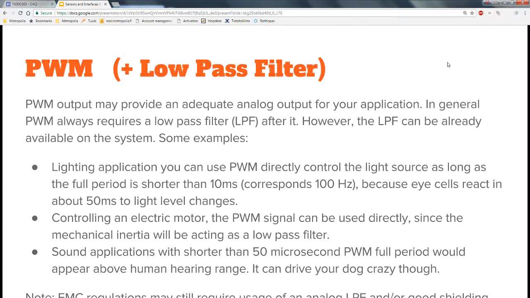For electric motors, a PWM signal is all okay there. In particular, servo control is plain PWM. And then there's the sound application, yada yada.